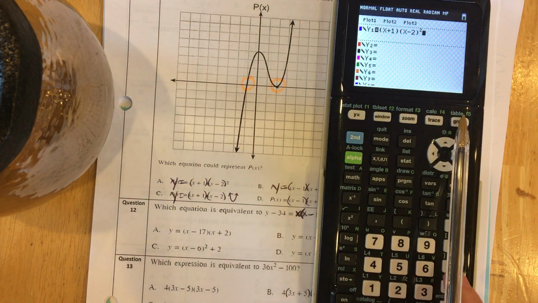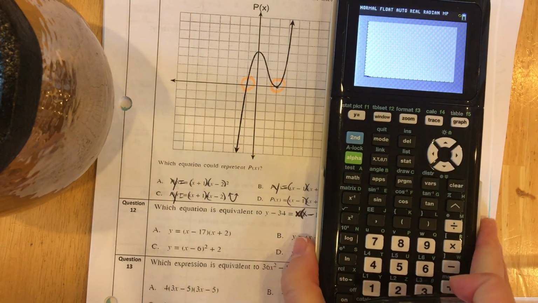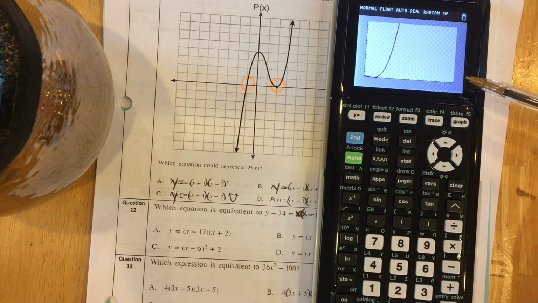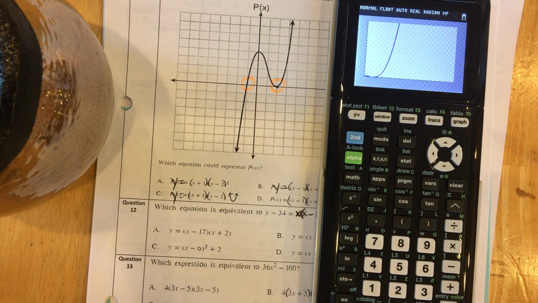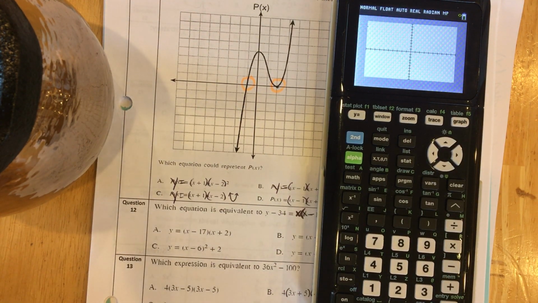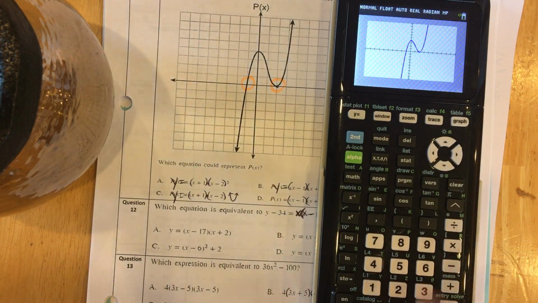I'm going to just graph it so that I can see if it matches. Oh, all right, so for those of you who are following with me last time, your window's changed. So we want to hit zoom 6 to get my window back, okay? Again, that's zoom 6.